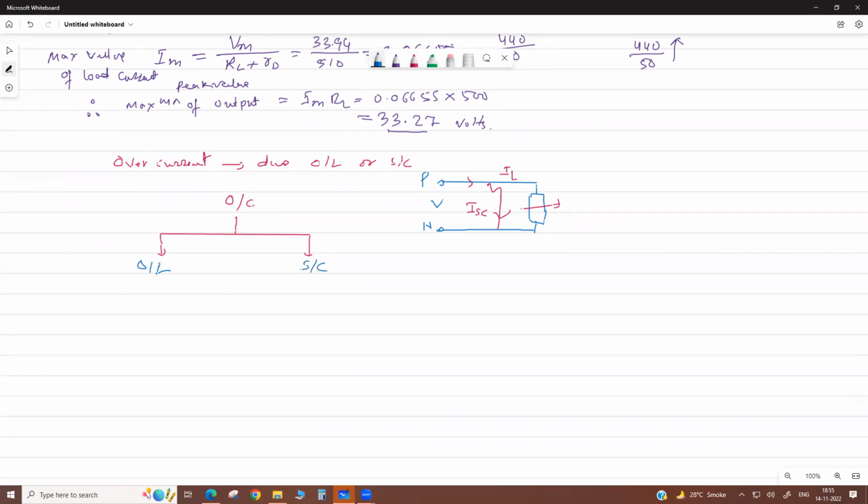In overload, the load increases by more than, like, 15 or 20 percent. Then the protection is provided with a thermal bimetallic relay.